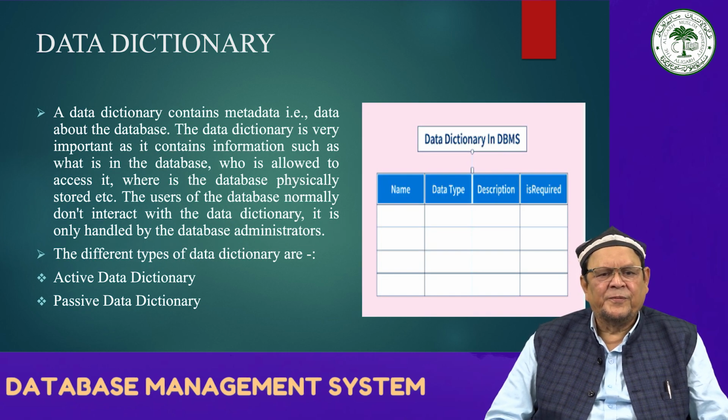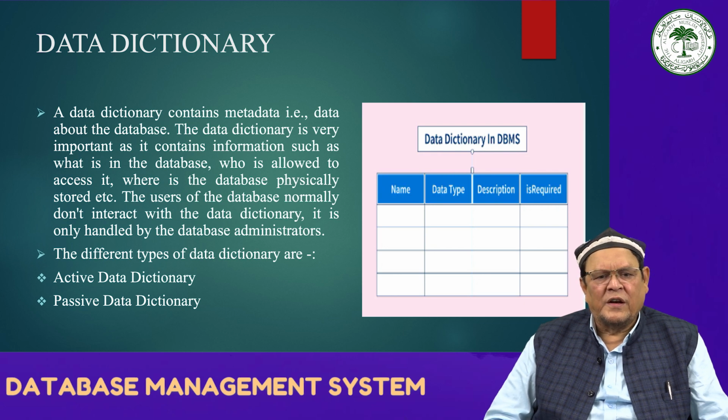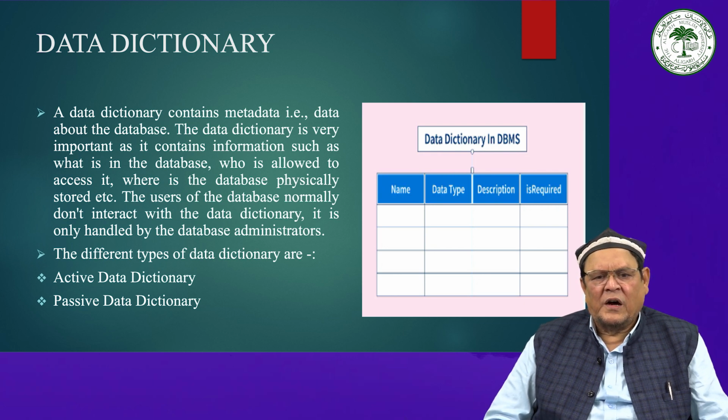Data dictionary. Now imagine having a guide that tells you everything about your blueprint. That's where data dictionaries come in. A data dictionary is like an encyclopedia of our database, providing definitions, descriptions, and relationships between different elements.